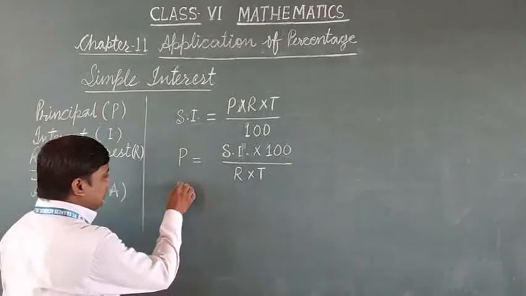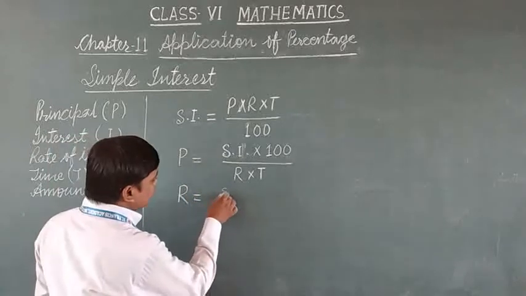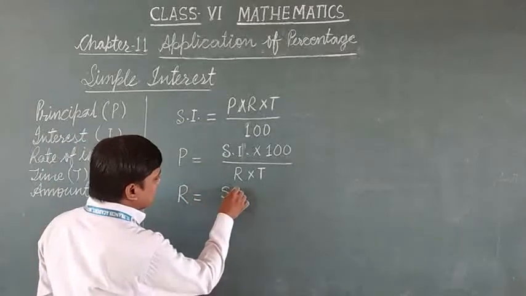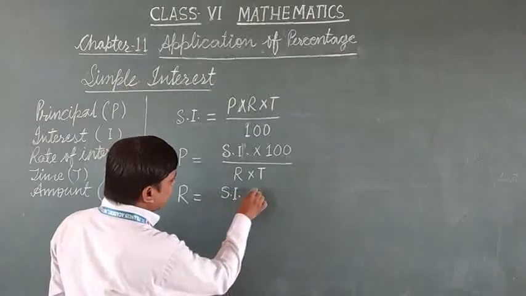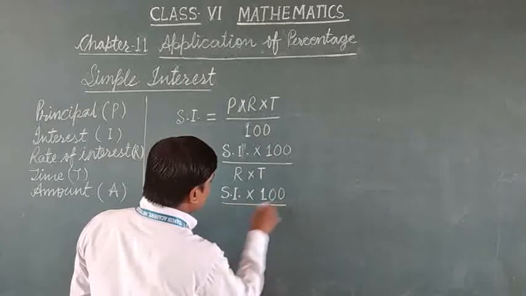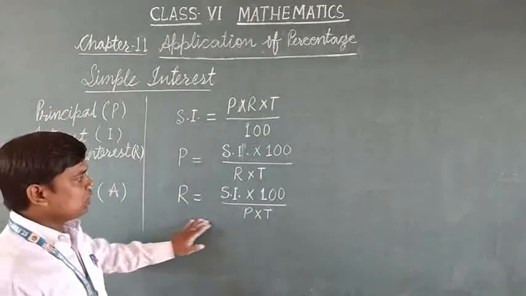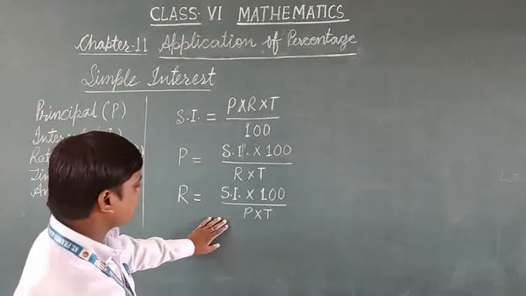Now, to calculate rate of interest, we use the relation R = SI into 100 by P into T, principal into time. Okay?